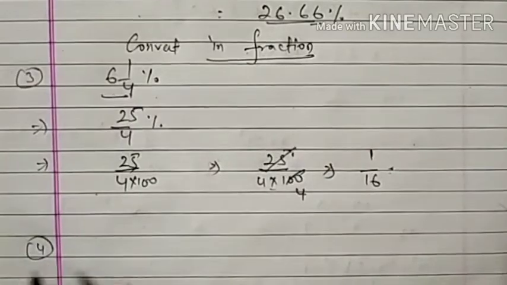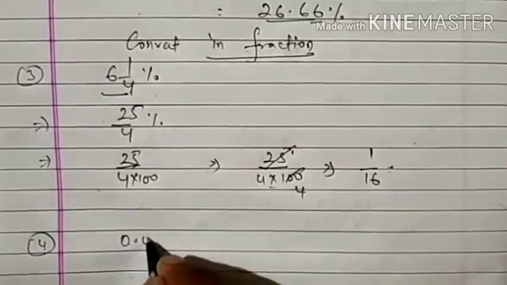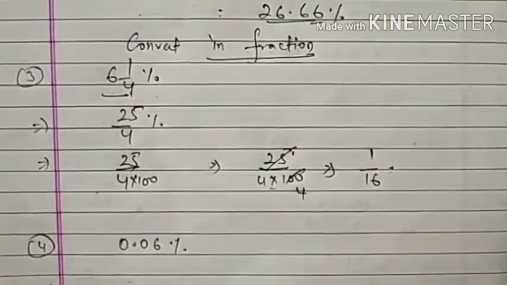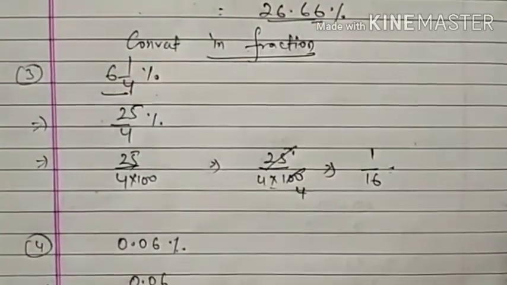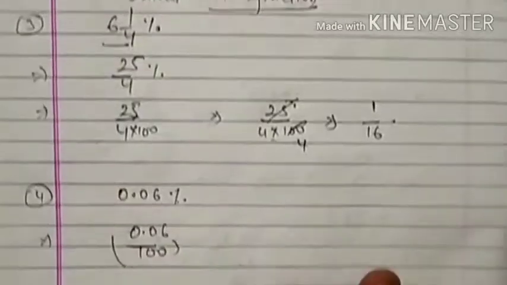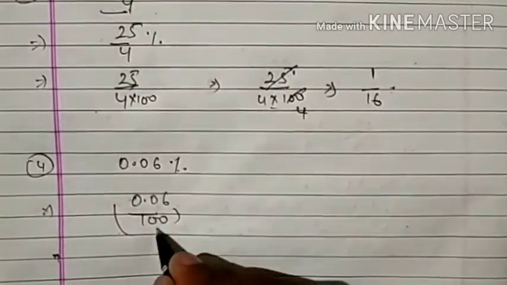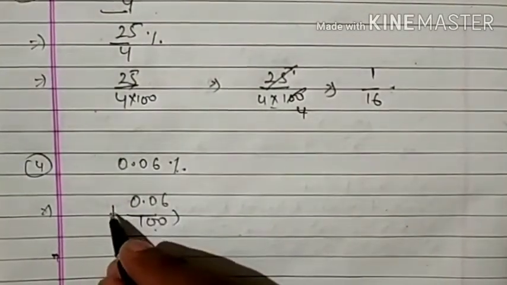The next question of the same kind is 0.06%. So simply what we will do, we will write 0.06, we will remove the percentage sign, and divide by 100. And what do we get? Simply we will put the decimal to the left side.